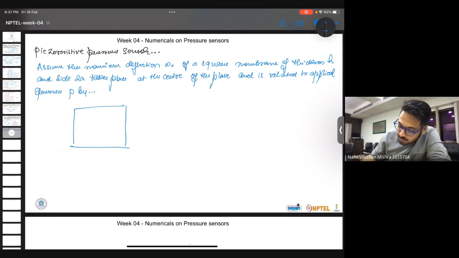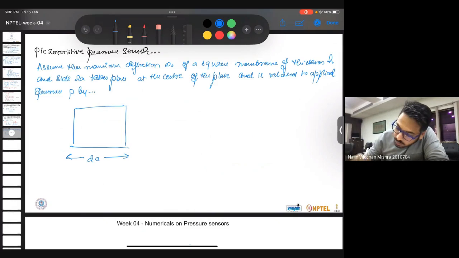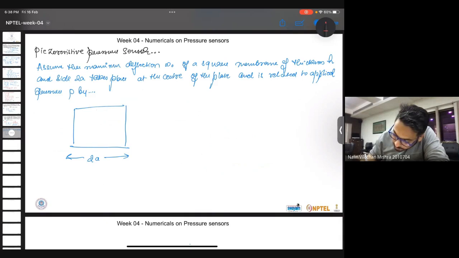which has the thickness h and side of 2a, and there are these four resistances which are placed like this. Let us name it R1, R2, R3, and R4.